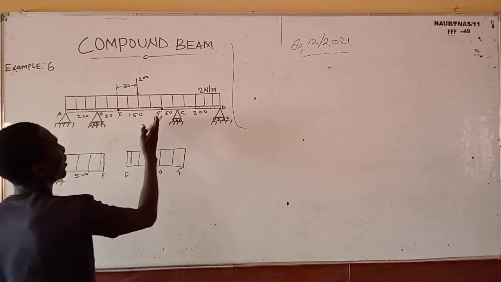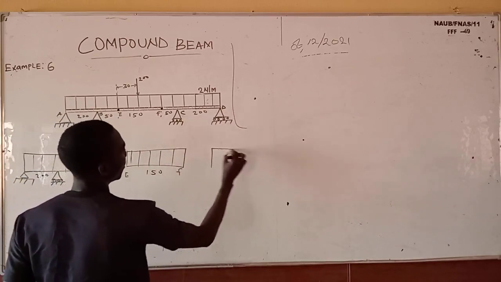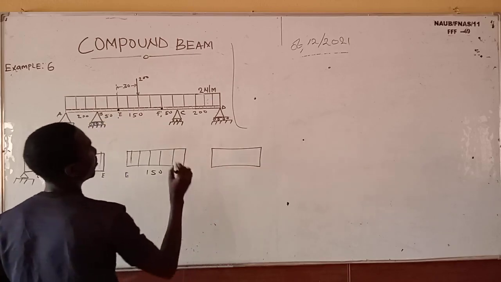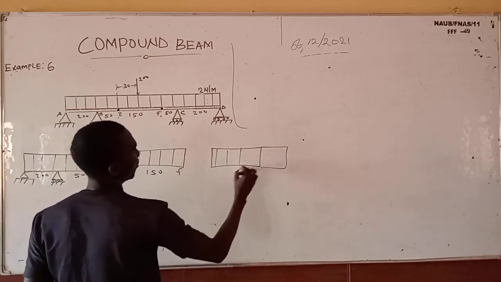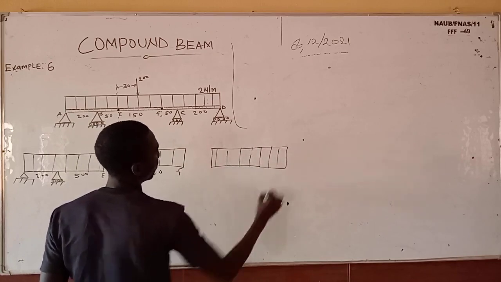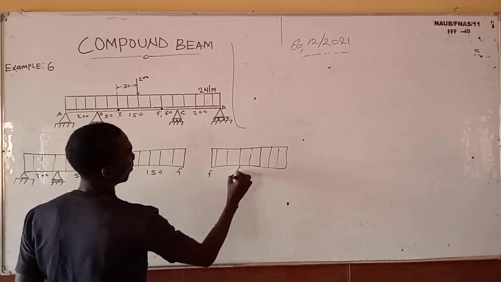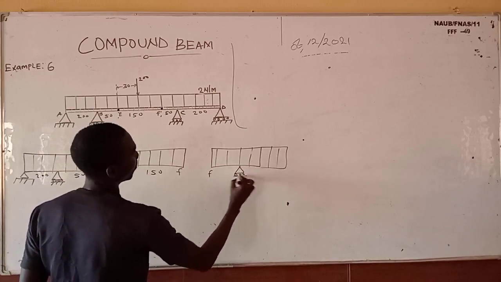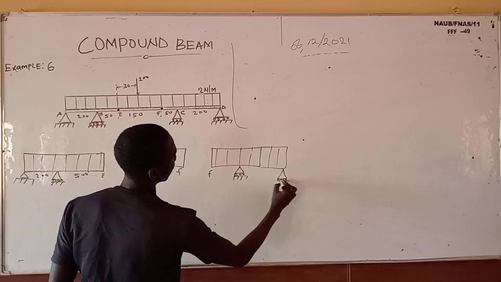So we now have F to what? D. F to D. Let me put this like this. You can see that. So this is F. This is a rolling support. This is also a roller support.